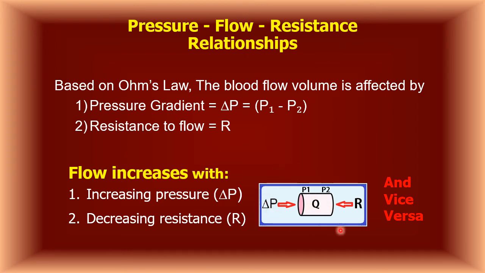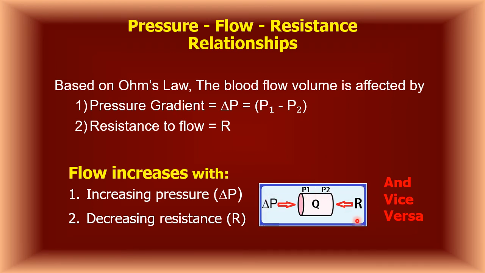And again, these are the same equations that we came up with from here. So what can we understand? We can understand that the pressure gradient, as we mentioned earlier, is the pressure difference between two points, the pressure in point 1 and the pressure in point 2. If there is a difference, there is a pressure gradient. So delta P here actually comes from these two pressures.